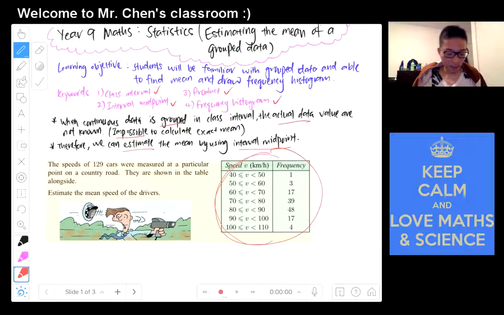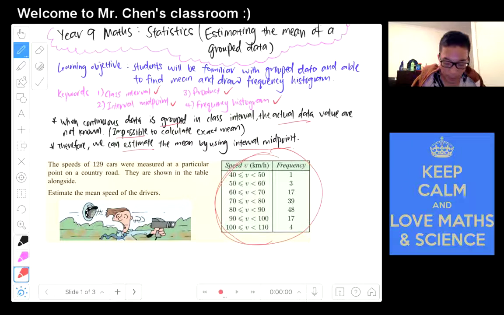What it means here is, let's look at this example. The speeds of 129 cars were measured at a particular point on a country road. They are shown in the table alongside. Estimate the mean speed of the drivers. So here we have a group of data.